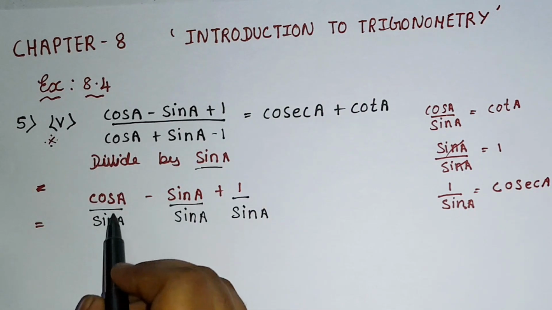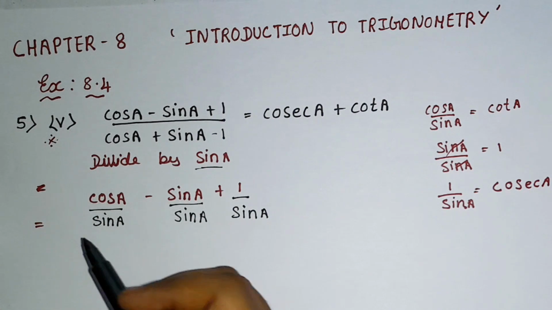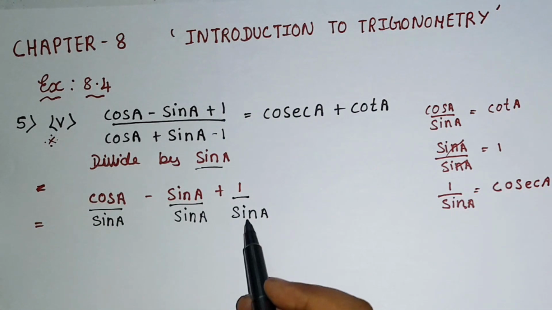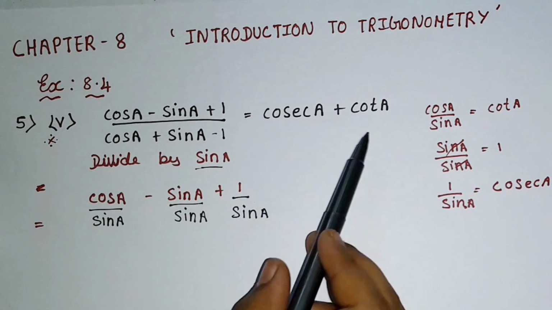Because cos A divided by sin A is cot A, and 1 by sin A is cosecant A, which is similar to the right hand side.